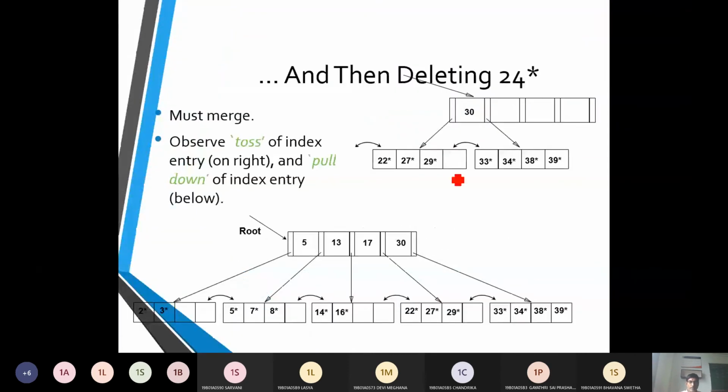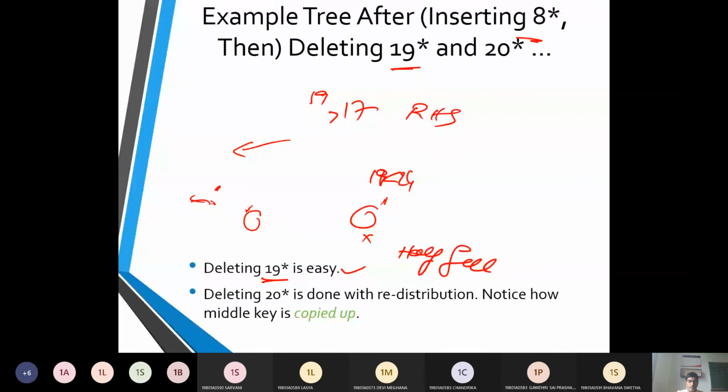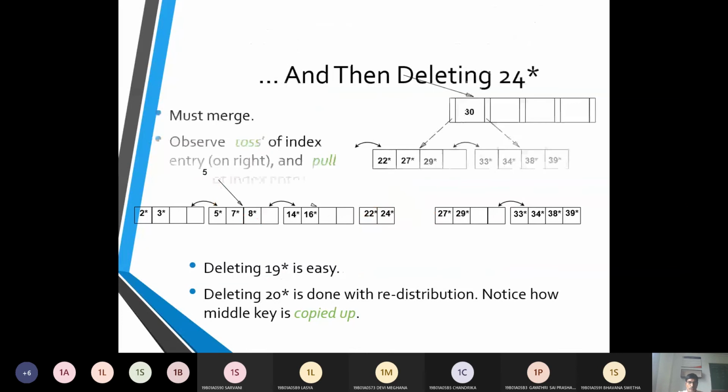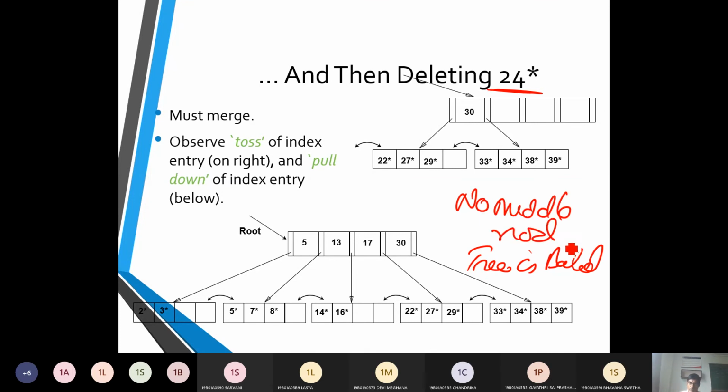So again, let us see this for 24 here. So the 24th item, how are we moving to this 24th item. So here, what happens if I am going to remove 24? With 24, there is going to be a connectivity problem. So the tree is going to be balanced. Again, no middle node.